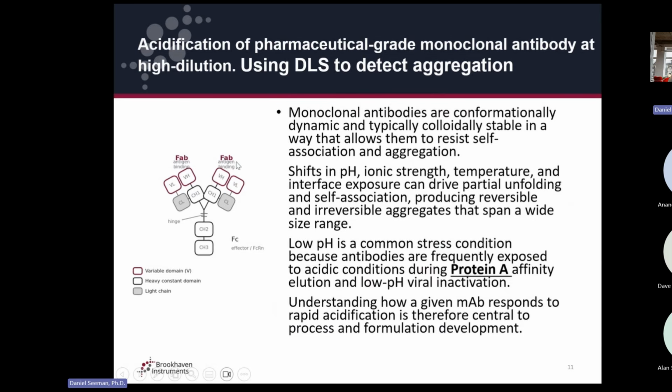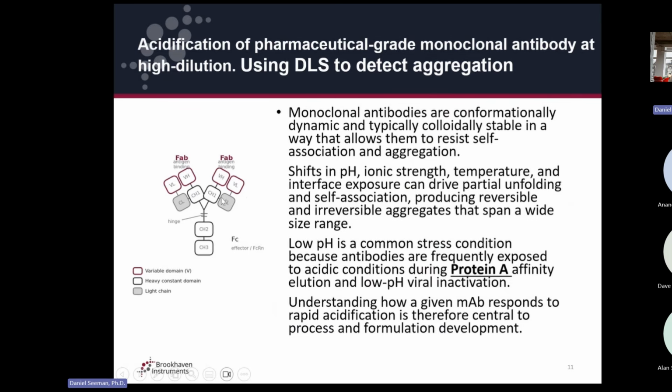But as people have observed for decades, small changes to the antigen binding domain can result in major changes to the solution behavior of monoclonal antibodies. Also, in contrast to traditional compact small globular proteins, mAbs are big and they're dynamic.